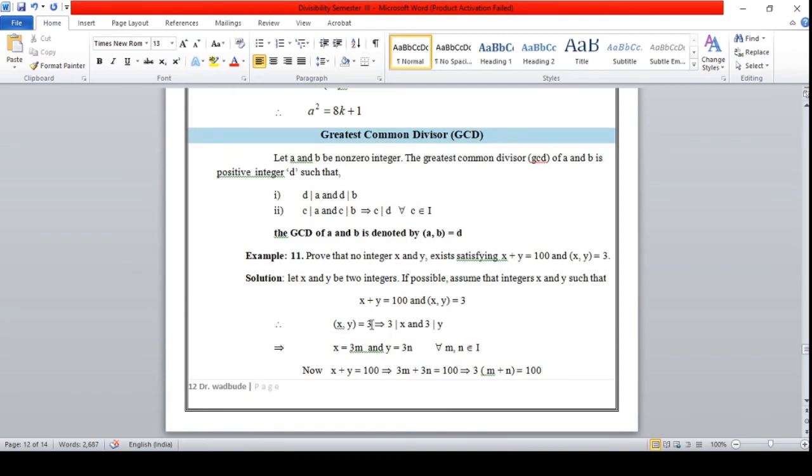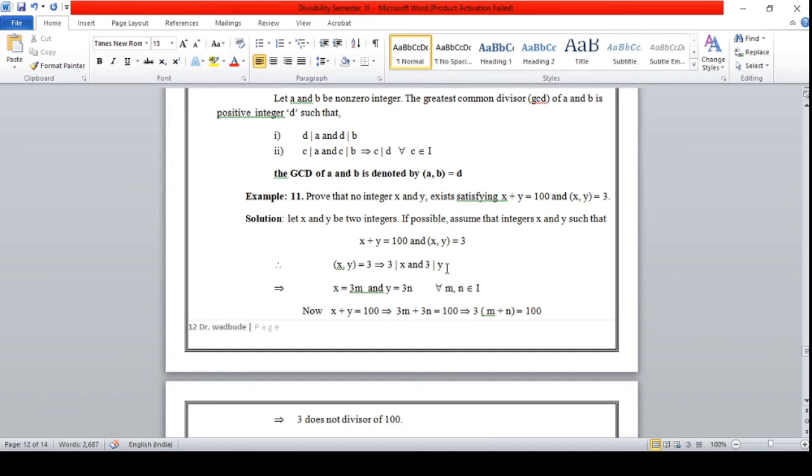GCD is 3 means apply the first condition: 3 is a divisor of the first number x and 3 is a divisor of the second number y, and this is by divisibility. So x is equal to 3m and y is equal to 3n, where m and n are integers.